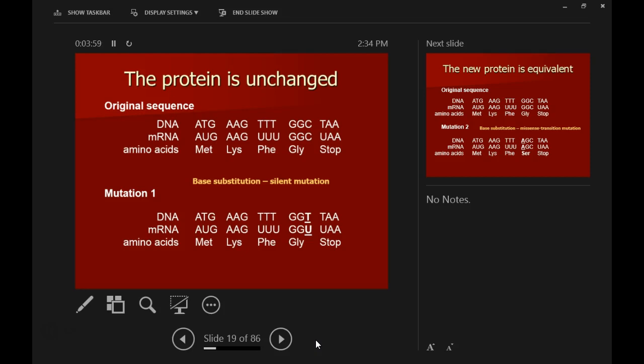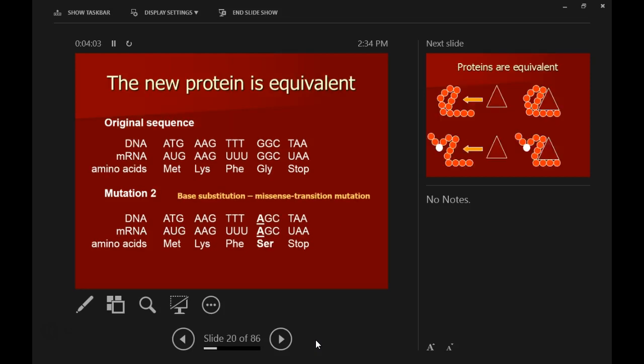Okay, let's try another one. In this case, we're going to use the same codon, but I've actually changed the first base in that codon. So instead of GGC, as we've seen before, there has been a base substitution. So now we have an AGC.